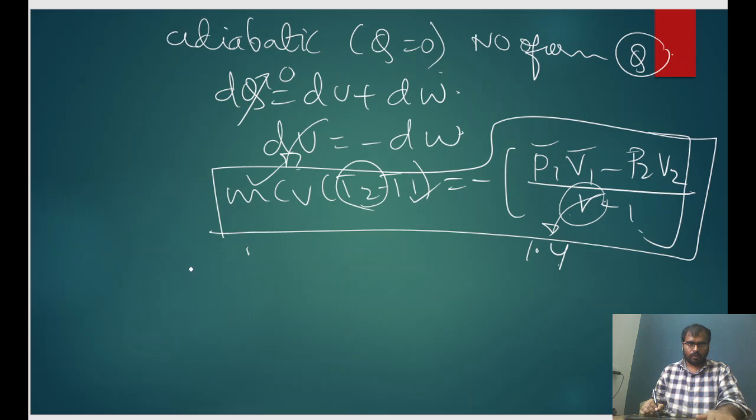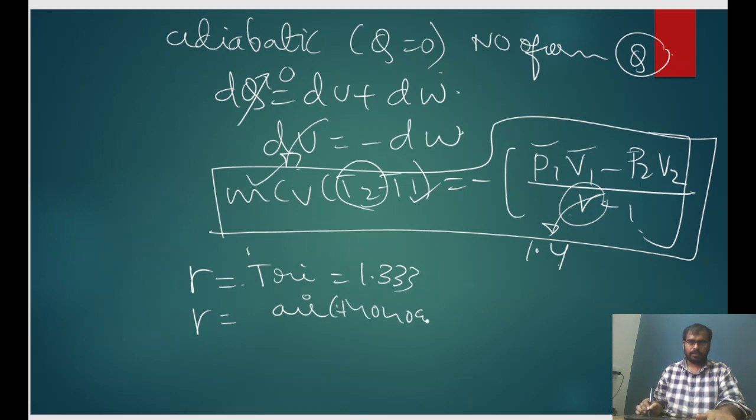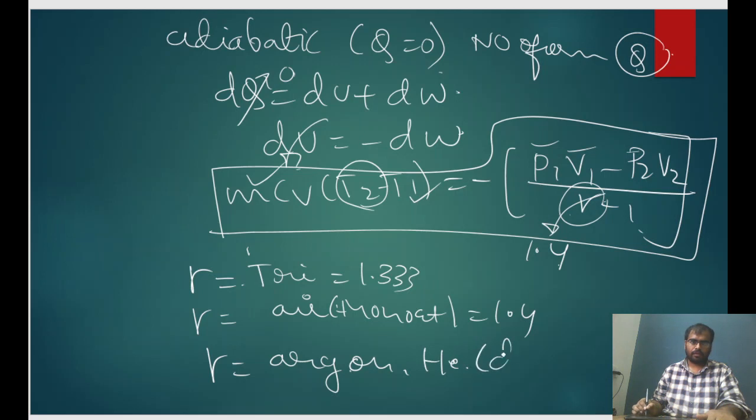The value of gamma for triatomic gases is 1.33. The value of gamma for air, monoatomic gases, that is 1.4. The value of gamma for inert gases like argon, helium, these are diatomic gases.